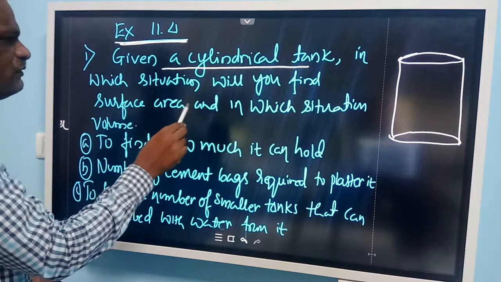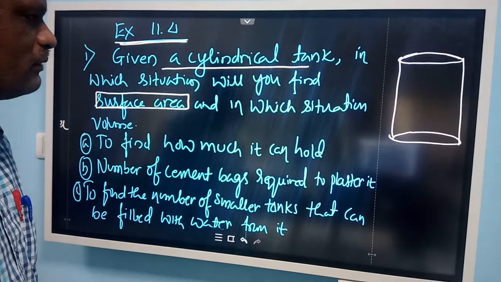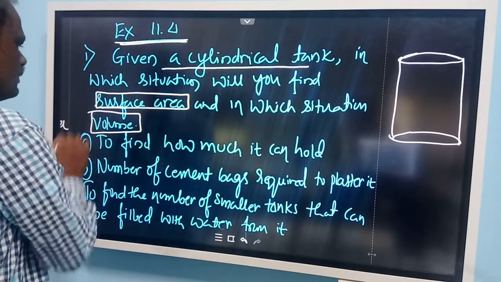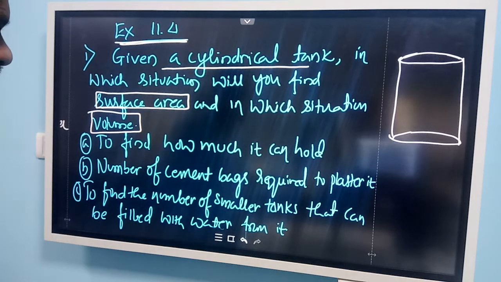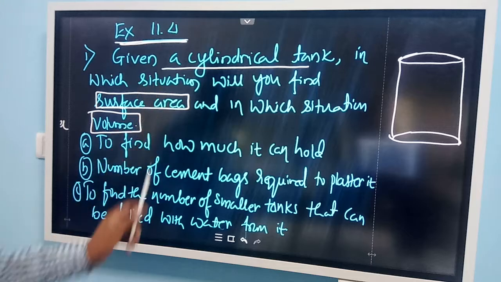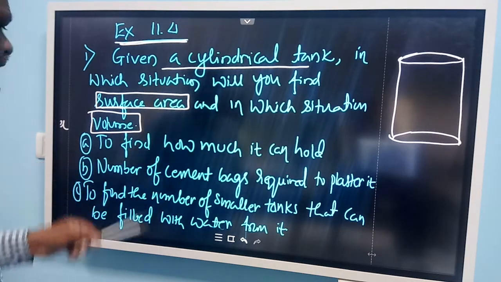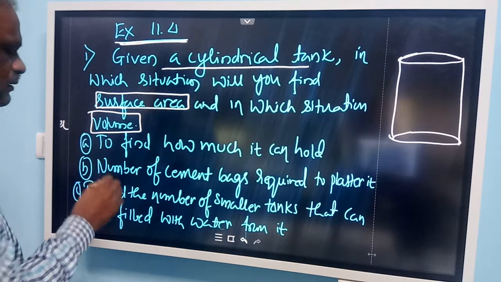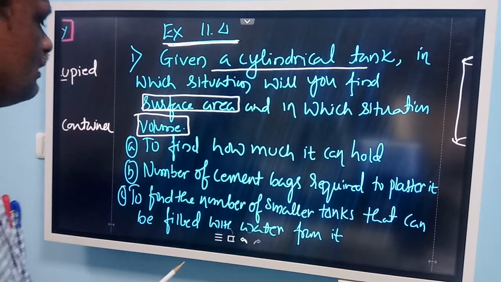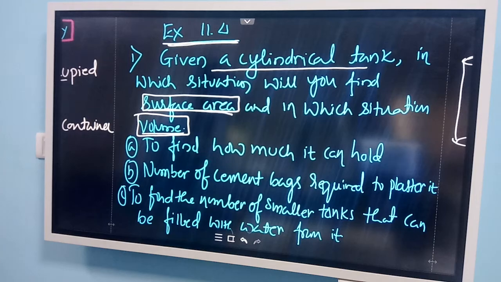In which situation will you find the surface area, and in which situation will you find the volume? There are three situations given. You have to identify in which situation you will find the area and in which you will find the volume.